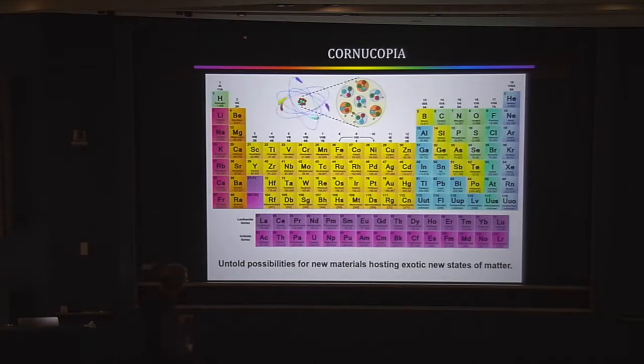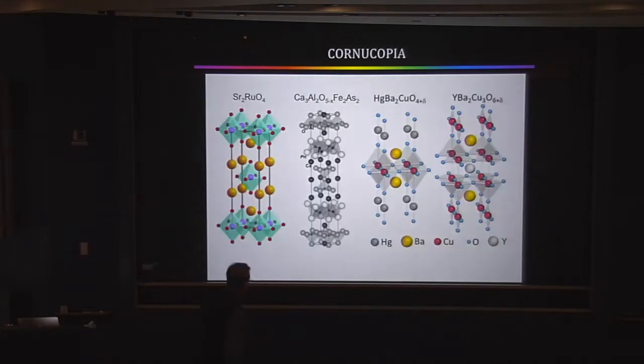That's what I mean by untold possibilities for new materials. How many of those compounds have we made and studied? It's less than 100,000. The vast frontier of unknown properties of materials has not been explored. And they could have properties we can't even imagine.